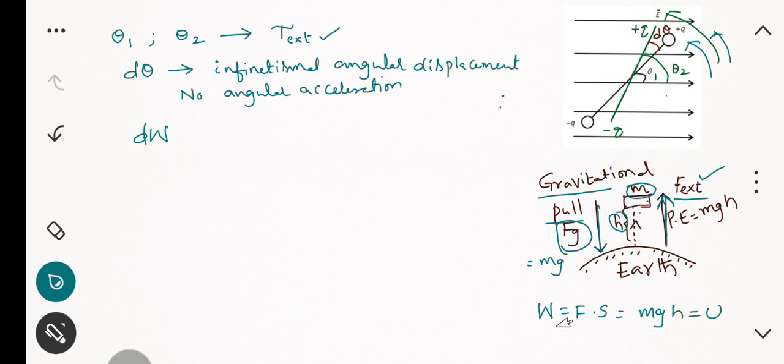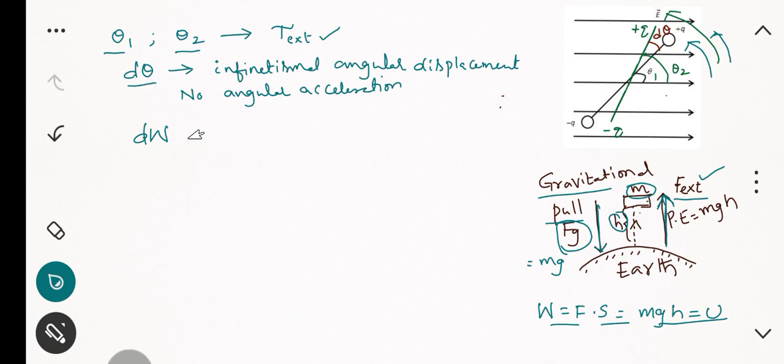Then the work done is equal to the potential energy. In the same manner, we have to apply an external torque and move the electric dipole from theta 1 to theta 2 through an infinitesimal angular displacement d theta.